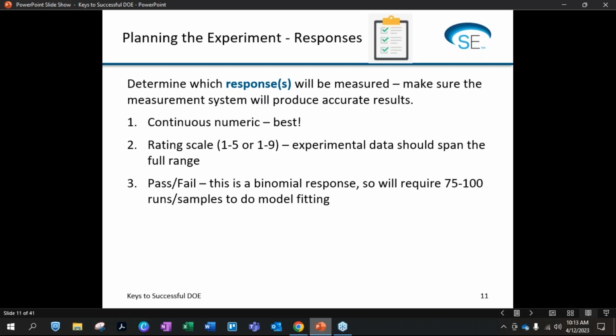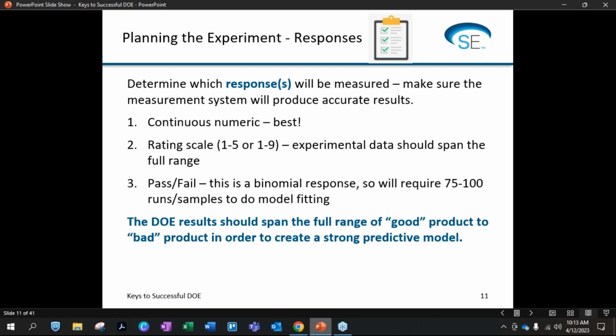Quite frankly, it takes a lot of pass-fail data in order to create a good predictive model. So everything that you can do to get continuous numeric is best, and then a rating scale would be the second best.